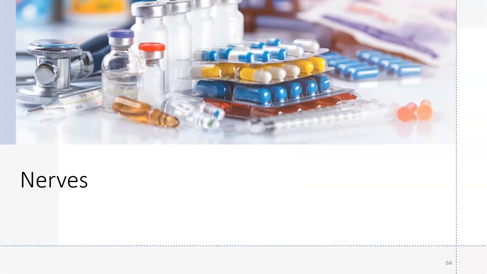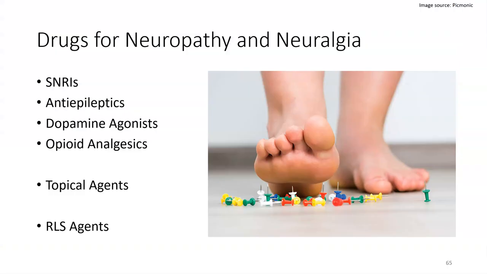Next, we're going to talk about diseases and conditions of nerves, including neuropathy and neuralgia. So neuropathy is a term that means disease of the nerves.